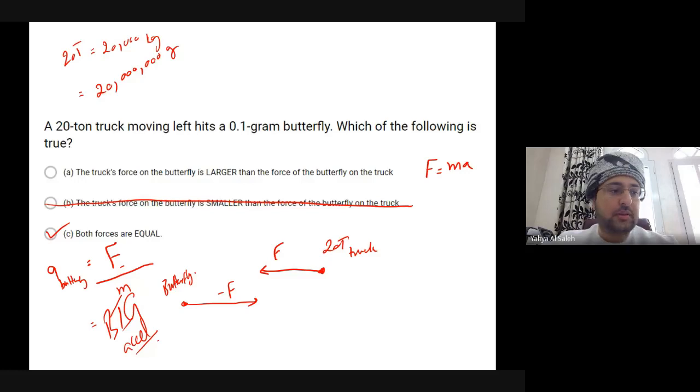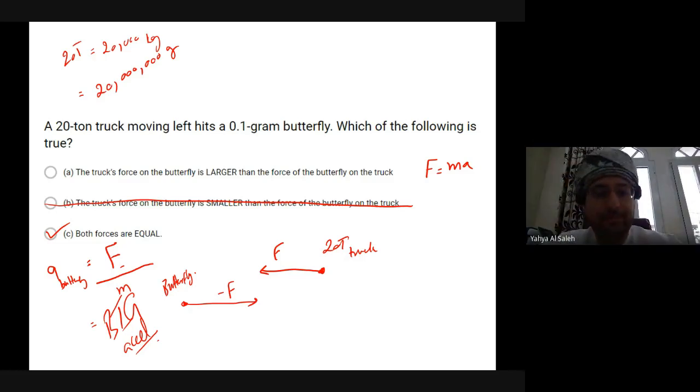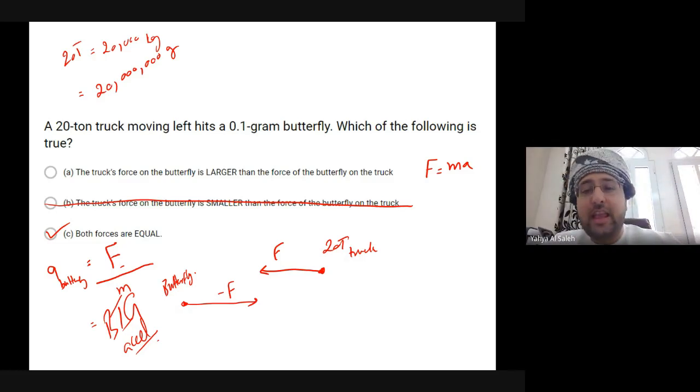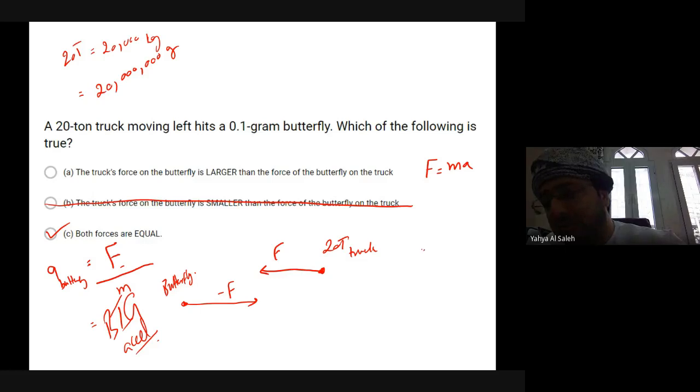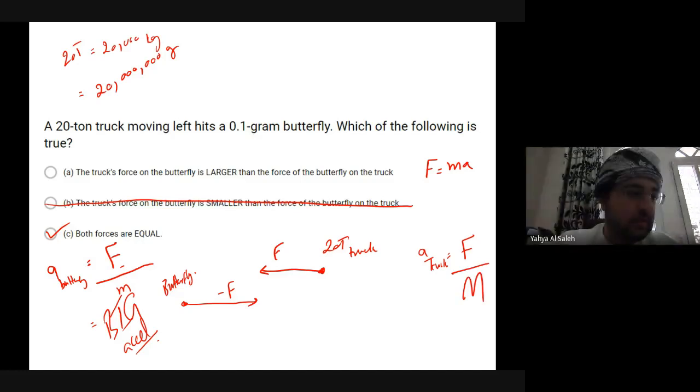It usually means that the poor butterfly is going to fly away dead for a few hundred meters. Now, the same force, which is in the opposite direction of the butterfly on the truck, will not have the same effect on the truck because, remember, the mass of the truck is really big. So acceleration of the truck is going to have to be the same big force, but also on a very large mass.